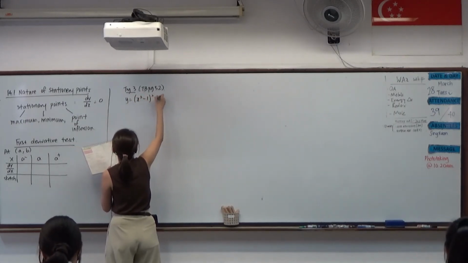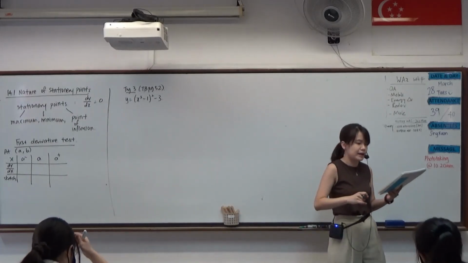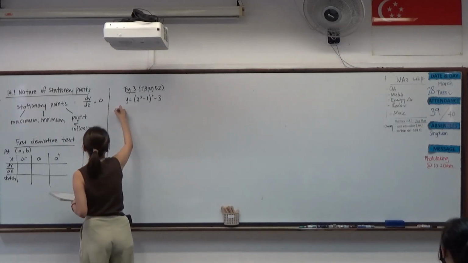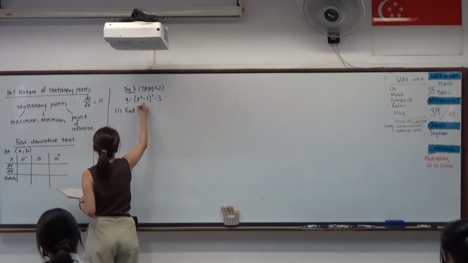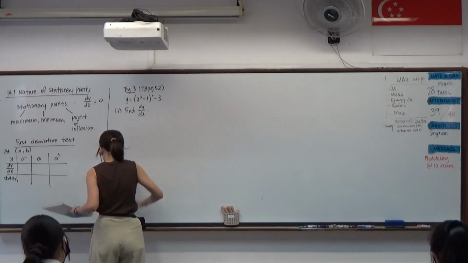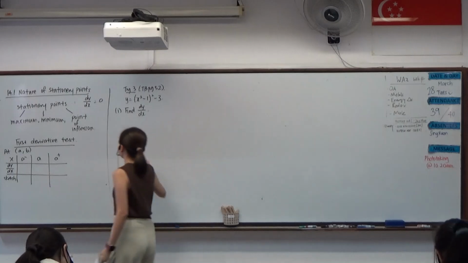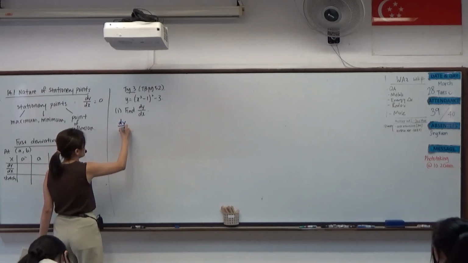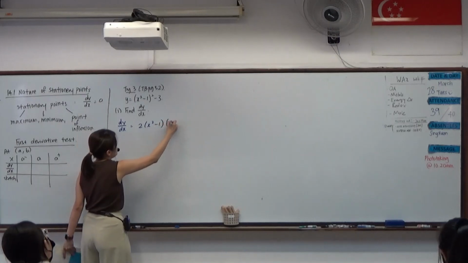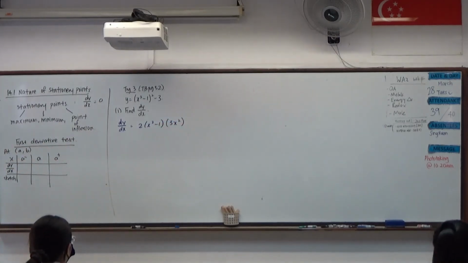We are given in this case y equals (x cubed minus 1) squared minus 3. We want to find out what dy over dx is first. That would be to do our usual differentiation. So we apply our chain rule and we arrive at this.